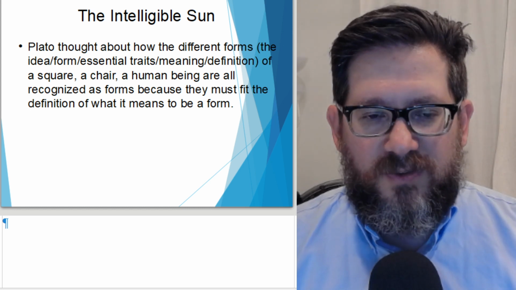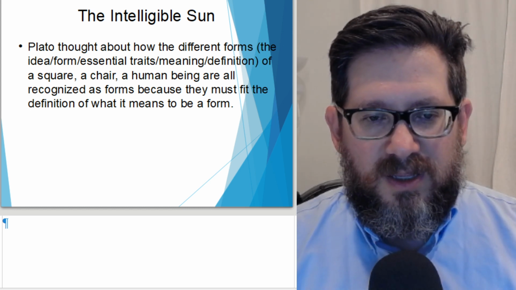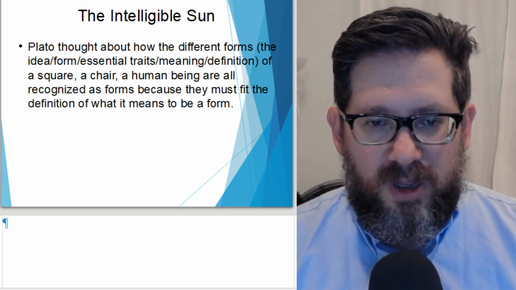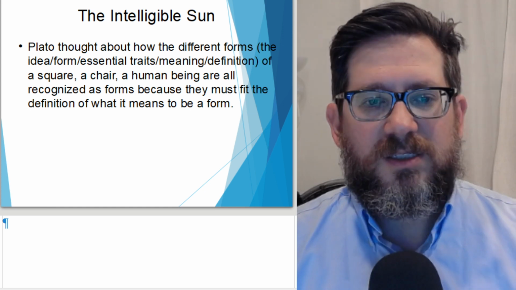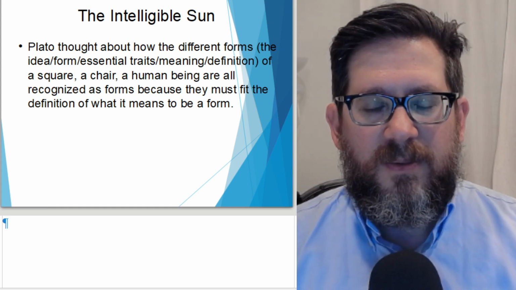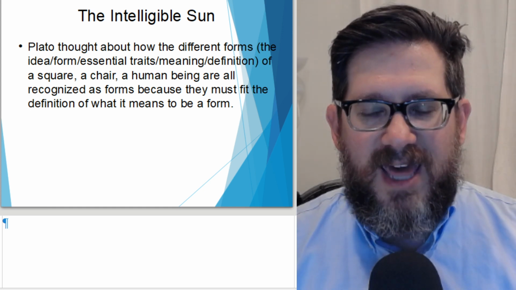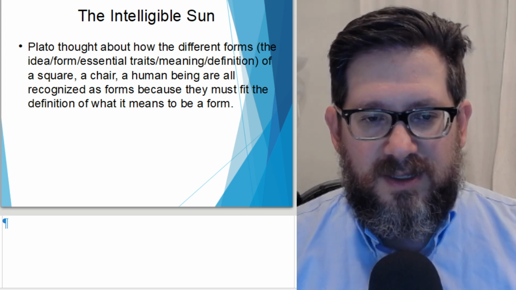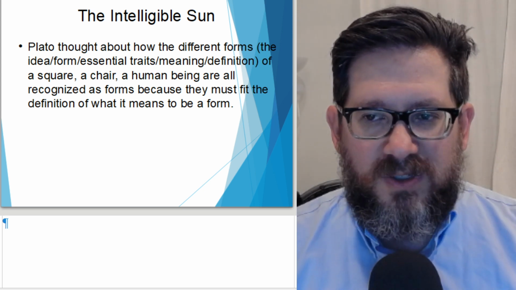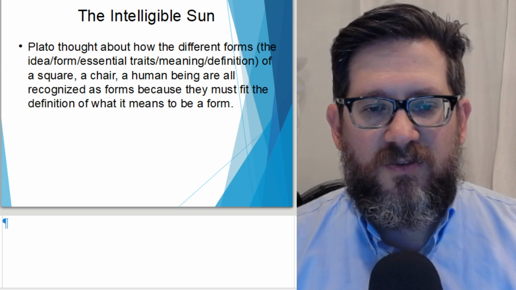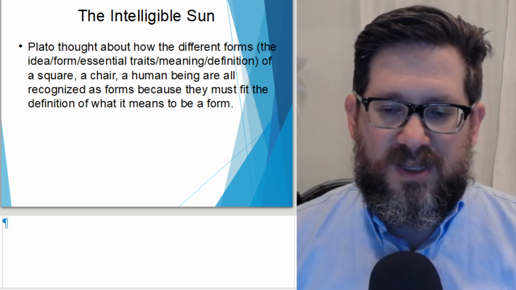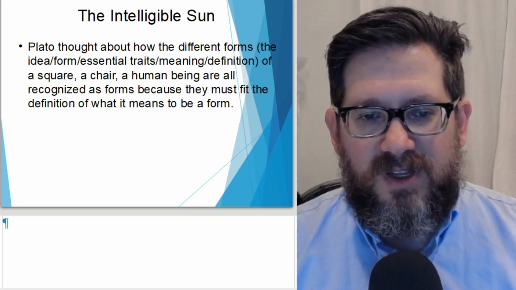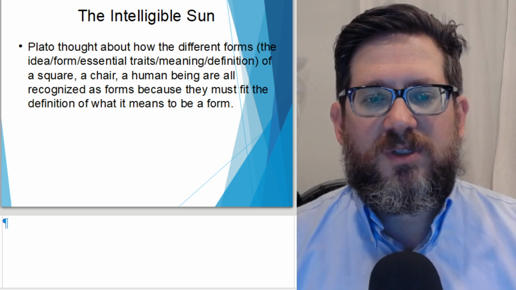Now, all of these forms that we're reminded of, that we call all of these forms or ideas, the fact that we see them all as that type of a thing means that they all must fit the definition of a form. So there's going to be a form above those forms.